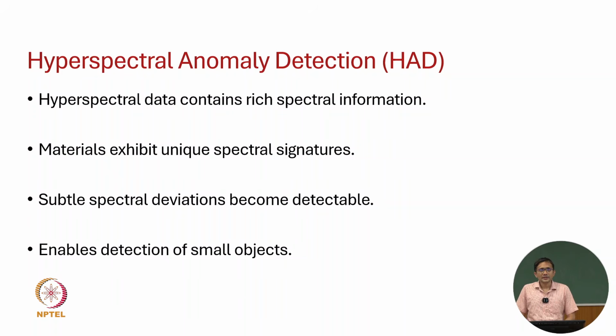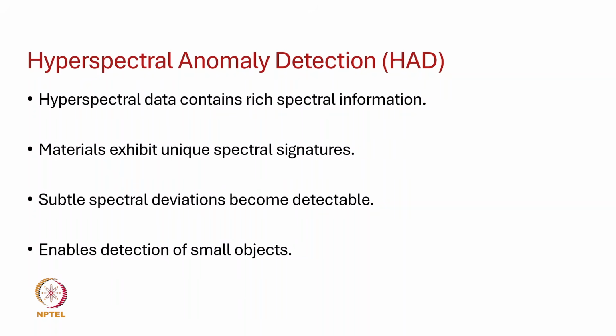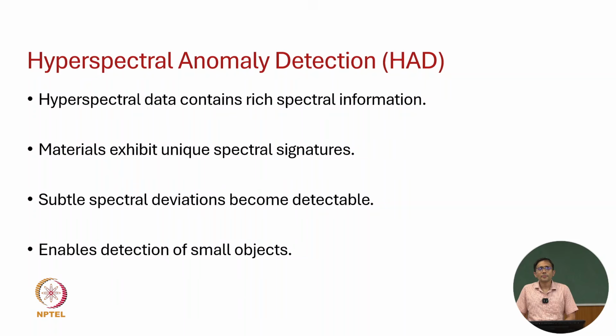Hyperspectral images, as we know, provide us with rich spectral information with their hundreds of bands that, of course, vary depending on the specific sensor that we are talking about. However, this rich spectral information enables us to detect the materials that exhibit unique spectral signatures.